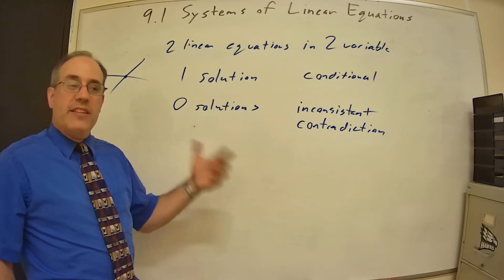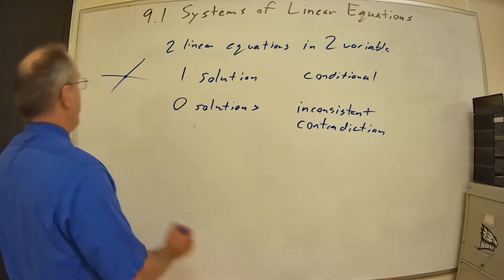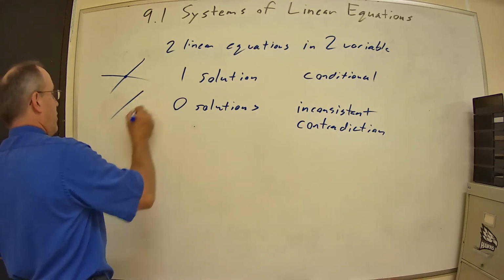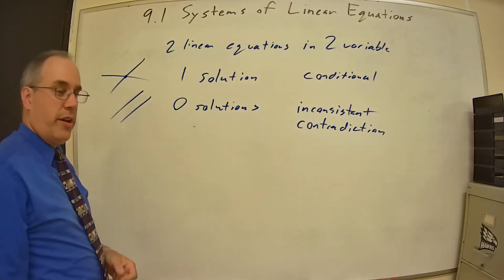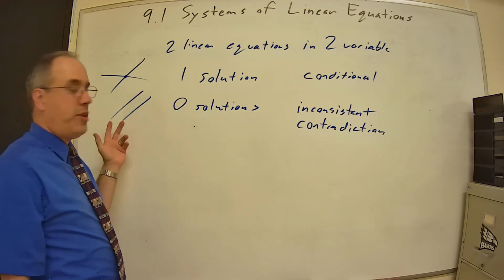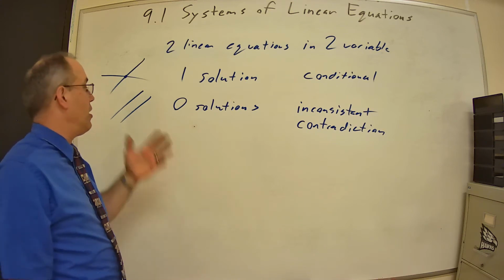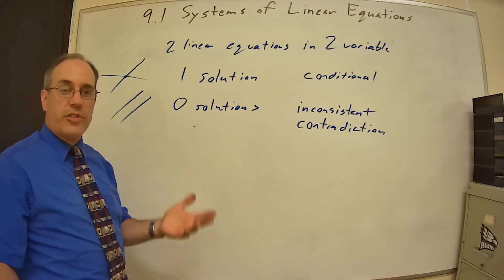Meaning that there is no solution that will satisfy both of them. This happens when you have two lines that are parallel to one another. If they're parallel to one another, they are equidistant from each other forever in both directions, therefore they will never cross and there is no solution.